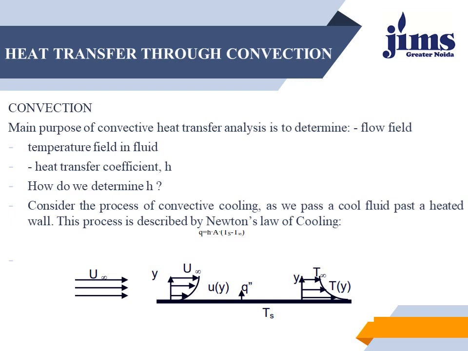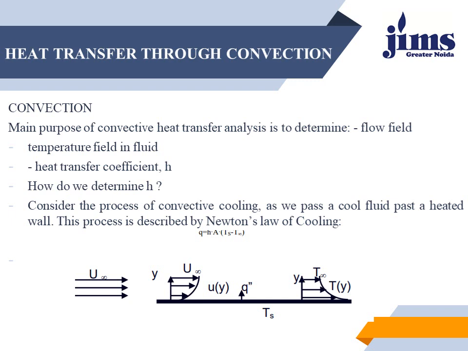So consider the process of convective cooling, as we pass a cool fluid past a heated wall. This process is governed by Newton's law of cooling. So this is a flat plate which is maintained at a temperature of Ts, and a free stream velocity of the cooled air, u naught, is flowing over the flat plate. So there are two types of profile developed.